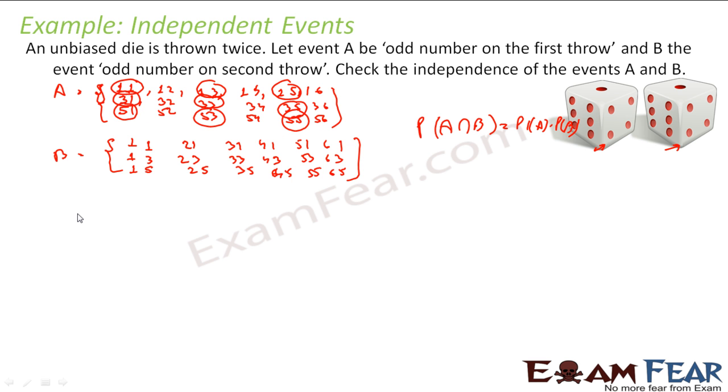So there are 9 common elements. So probability of A intersection B will be 9 by 36. Why? Because the total elements will be 6 into 6.